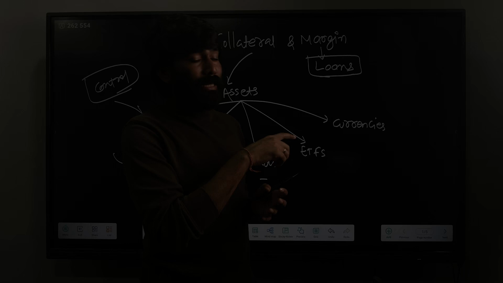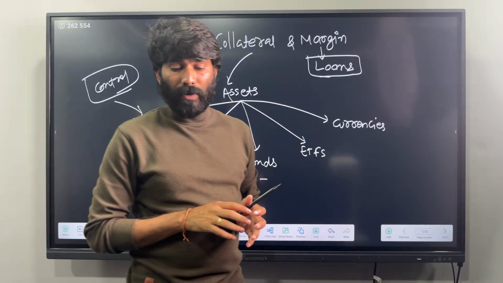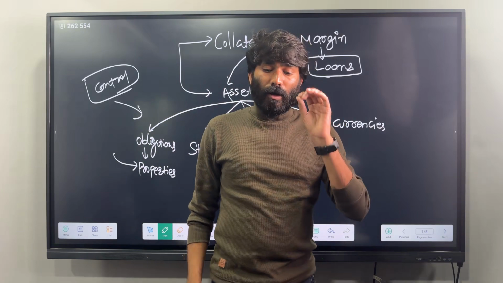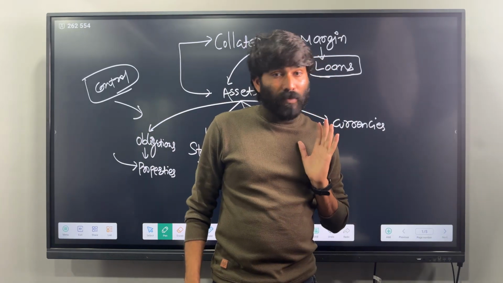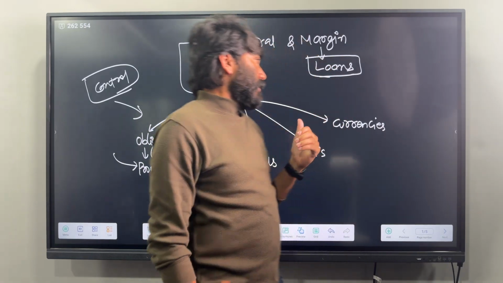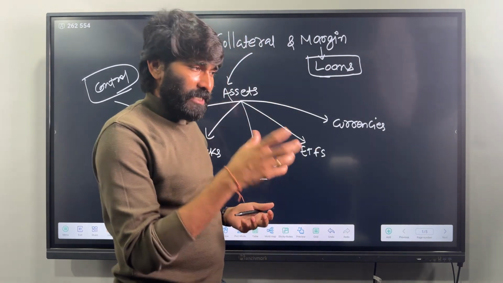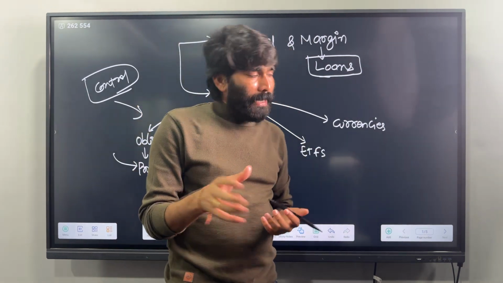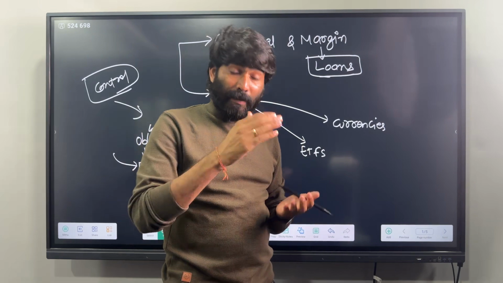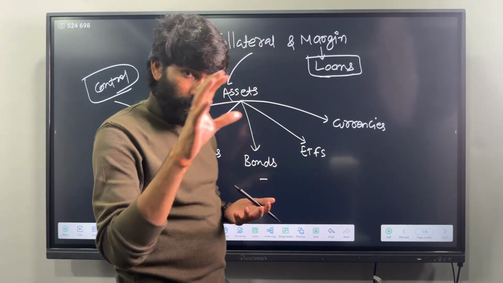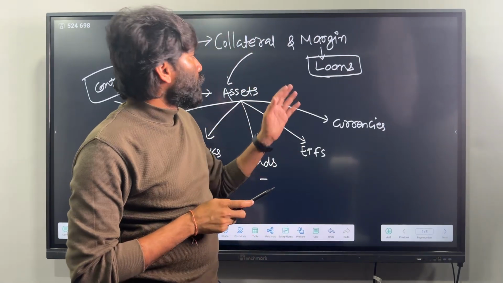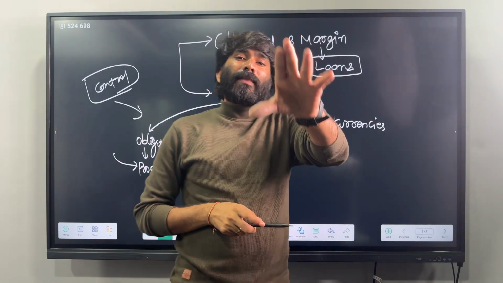In a home loan case, they take the control of your property until you repay the loan. Once you repay the entire principal plus interest, the bank transfers that collateral back to the respective party.